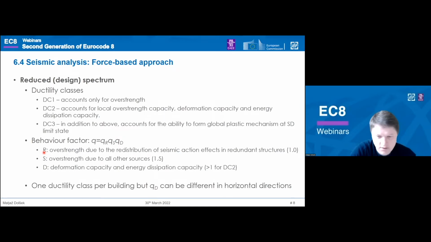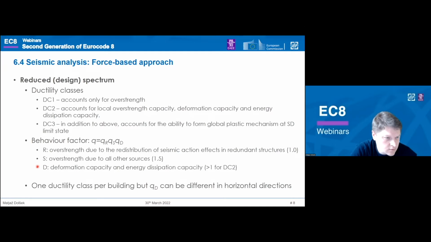This is basically the relationship between alpha u and alpha 1. Then there is another component of the overstrength factor due to all other sources, and this is equal to 1.5 if not prescribed differently in relevant parts of the code. And then there is the deformation capacity and energy dissipation capacity component of the behavior factor, QD, and this is greater than 1 for DC2 or DC3 ductility class.